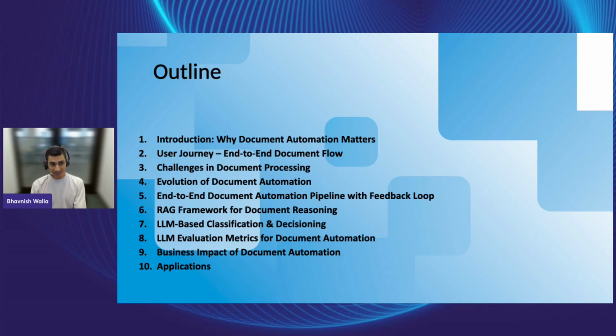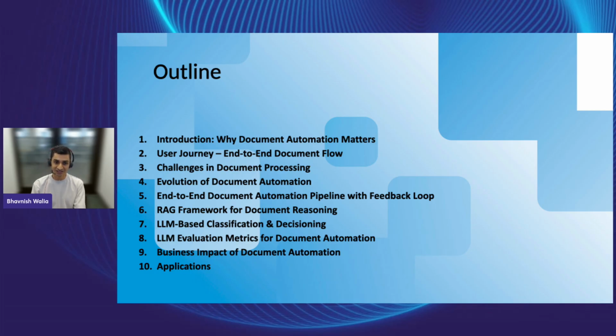So the way I've structured this project is tenfold. First, why document automation really matters. If you look around in different fields, you always have documents and you need to process them, read those documents. So we'll talk about that. Then we talk about a user journey of someone trying to open a checking account or a savings account at a bank.